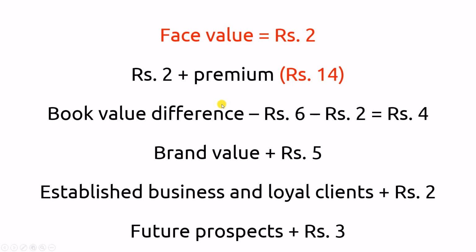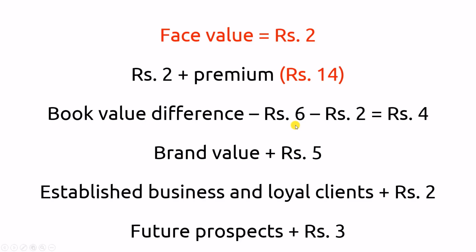Alright. Now what are the factors? Book value difference. Rupees 6 minus rupees 2, which is rupees 4. What is rupees 6? Rupees 6 is the price or worth of the share right now.